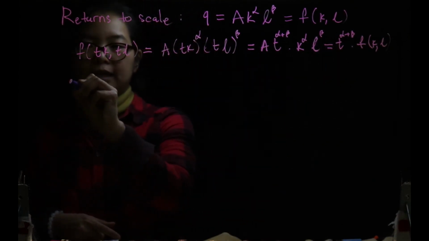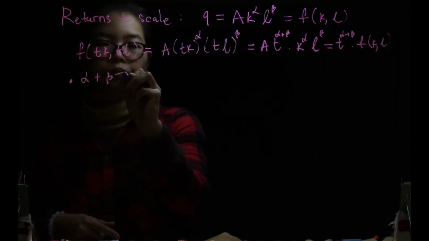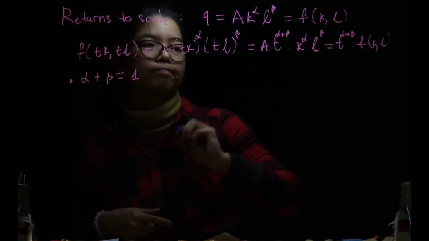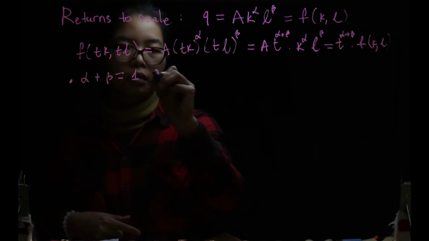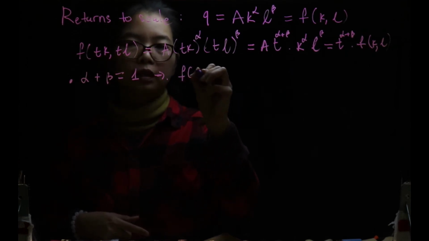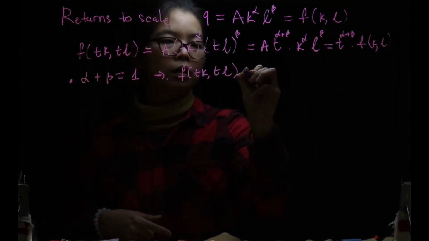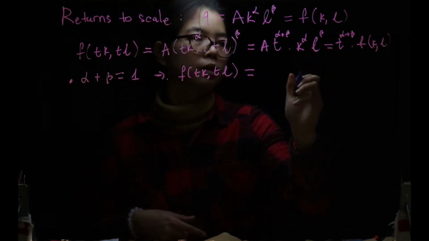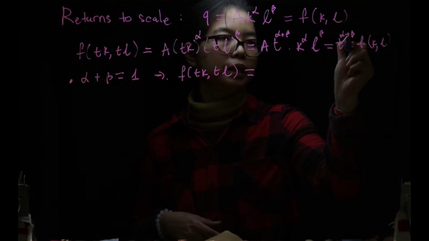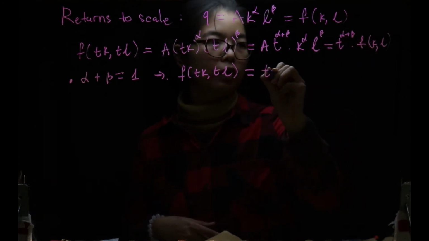We have 3 cases. The first case, when alpha plus beta equals 1, then we have F(tK, tL) equals... So if alpha plus beta equals 1, then t to the power 1 is t, right?